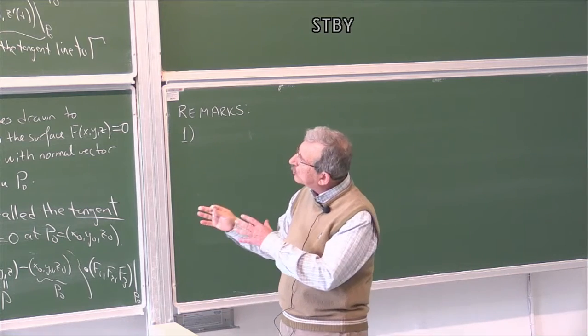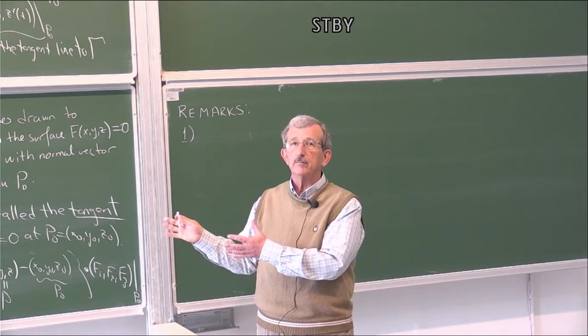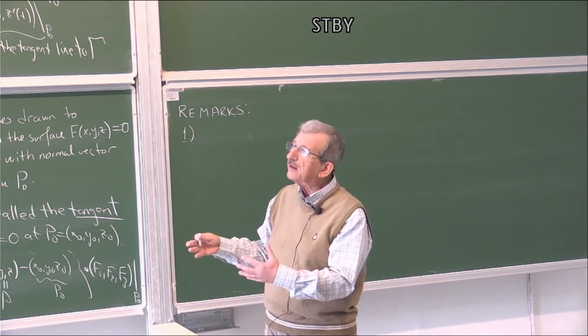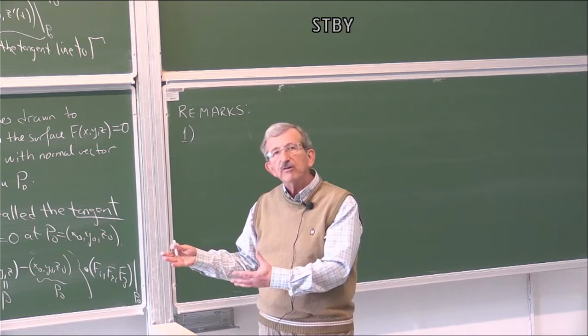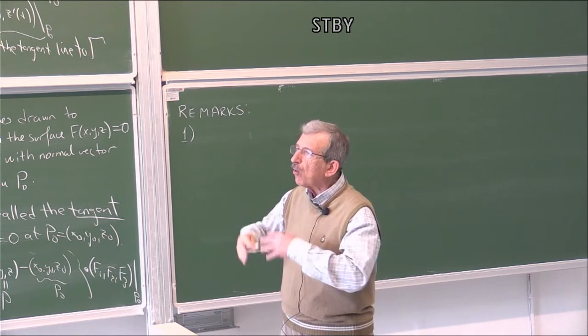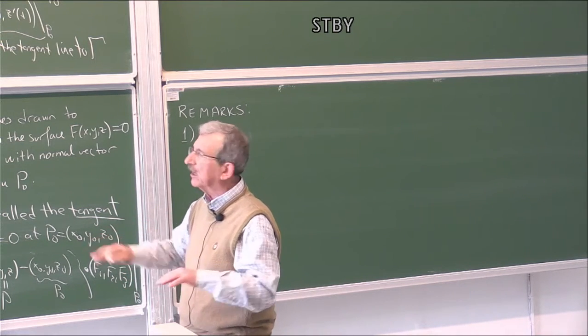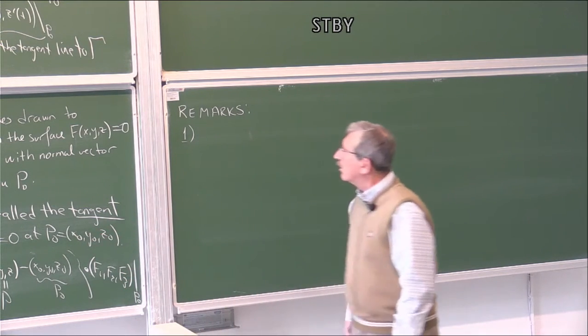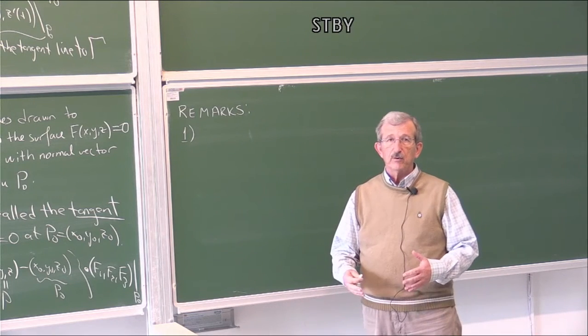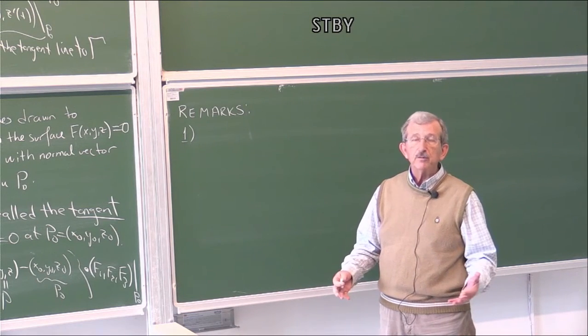We used the total derivative formula to show that there is a tangent plane. There is a single plane where all tangent lines to curves on the surface lie. Which means that we assumed differentiability.